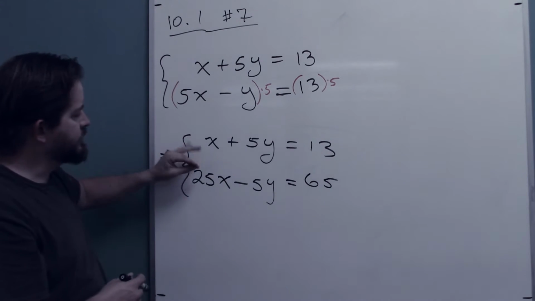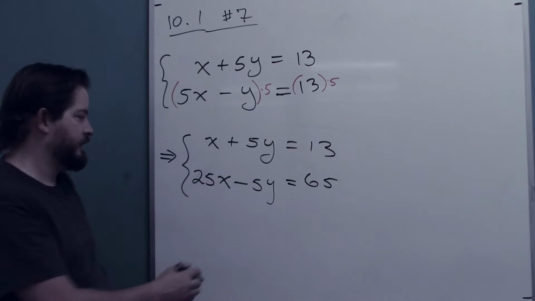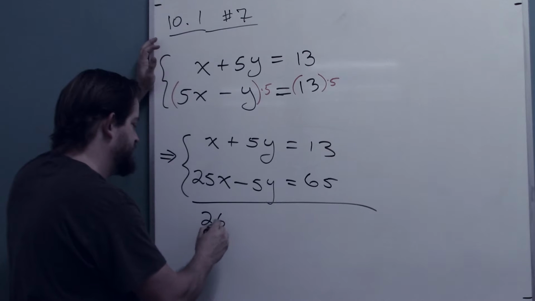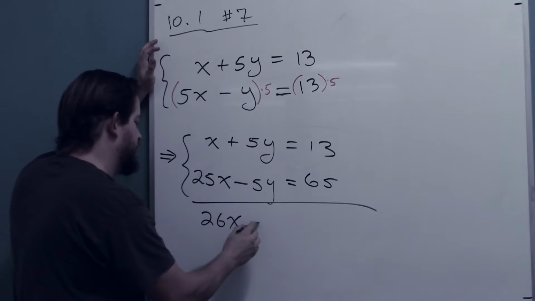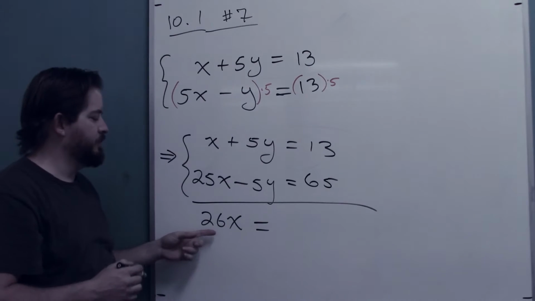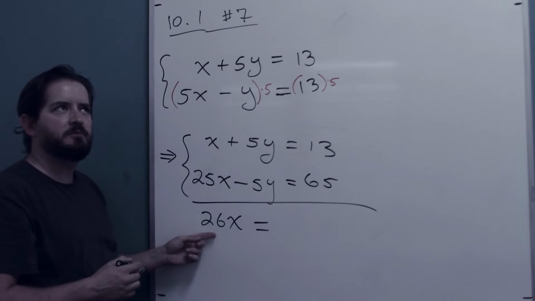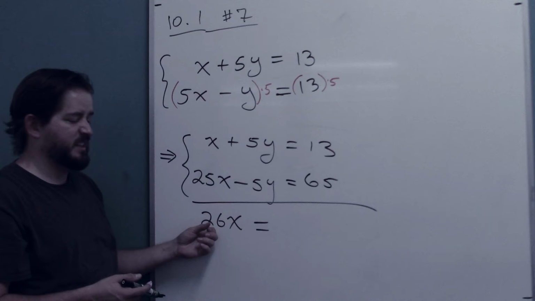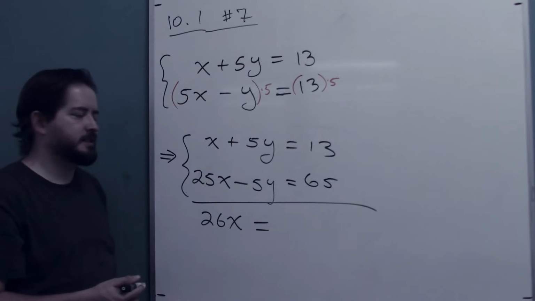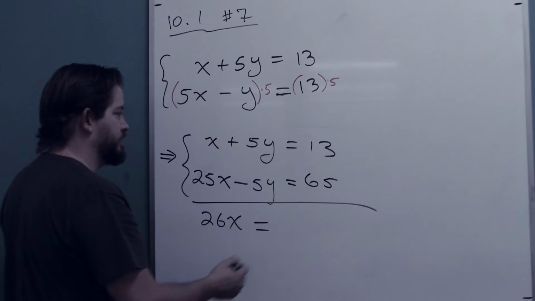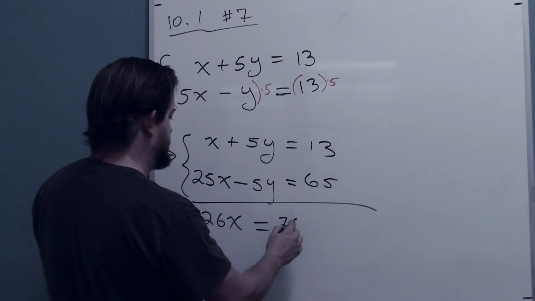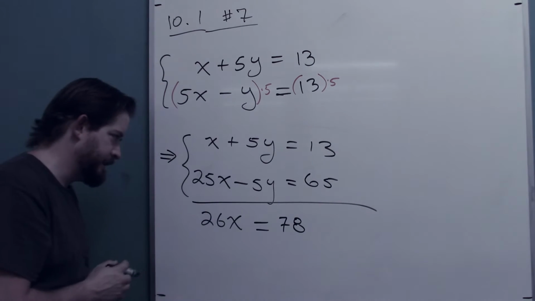Now if I combine these two, add the left together, add the right together in the elimination fashion, that gives me 26x. The y's are gone. And this right here may be the one reason that substitution may have been better, because then you don't have to divide by 26 in the next step. But too late, we're here, so here we go. Equals 78 on the right hand side.